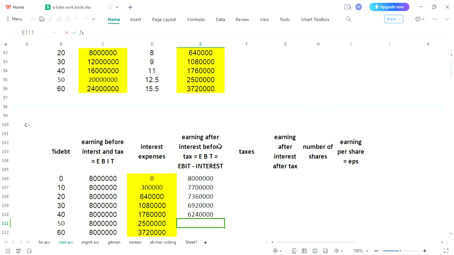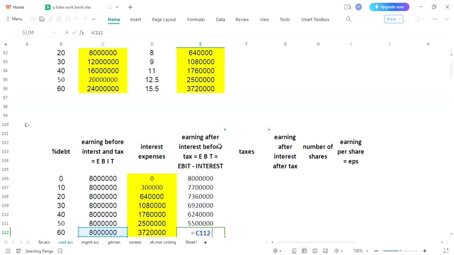When there are so many amounts, sometimes this happens. So we are calculating earning after interest. This is earning before interest; you will subtract the amount of interest to get your earning after interest.